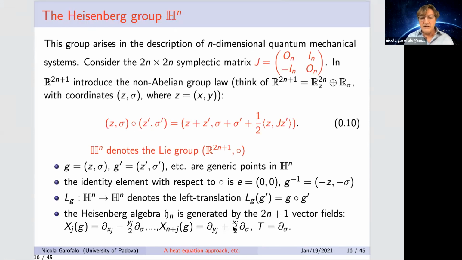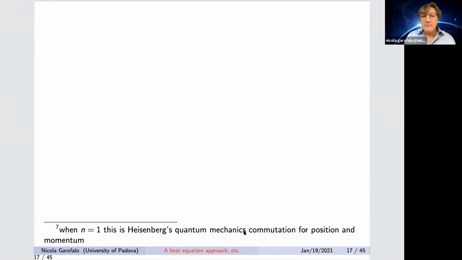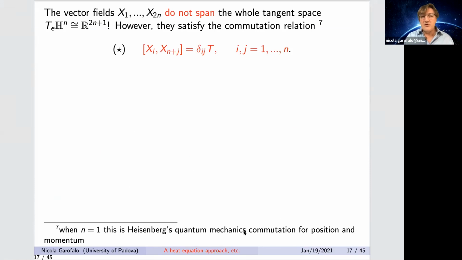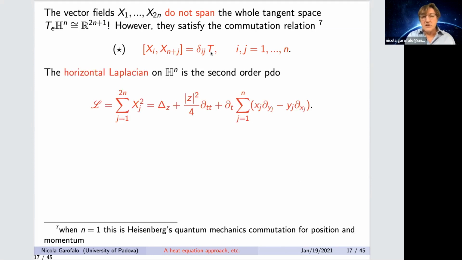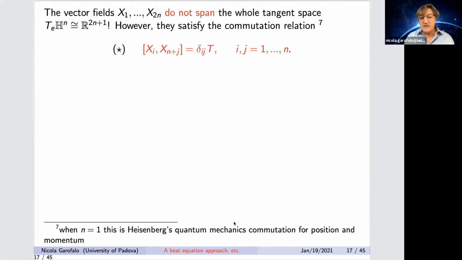If you freeze them at the origin, you're missing the direction d/d sigma. But there is a redeeming feature. With one commutator, you generate the missing direction d/d sigma. This is, of course, the quantum mechanics commutation relation for position and momentum.